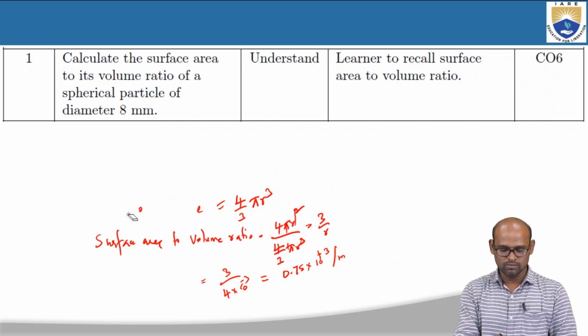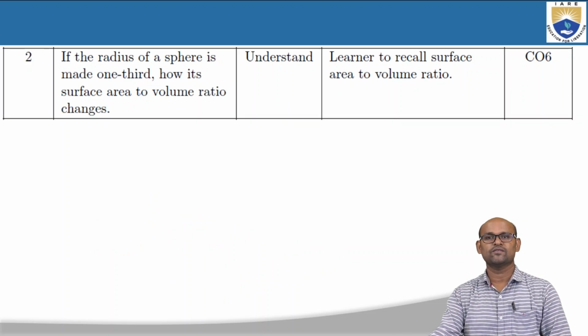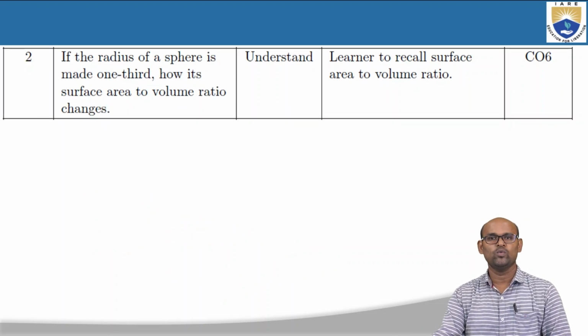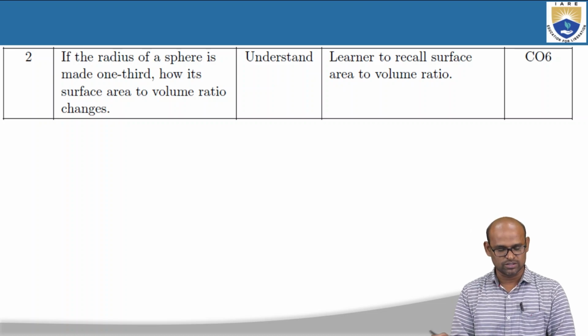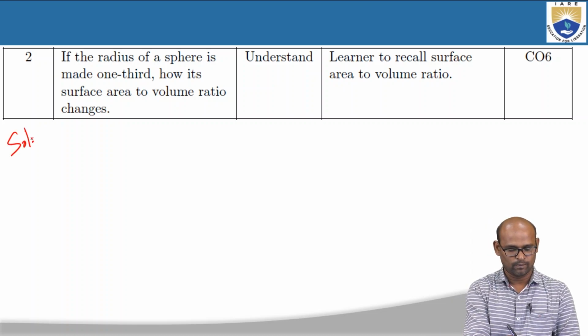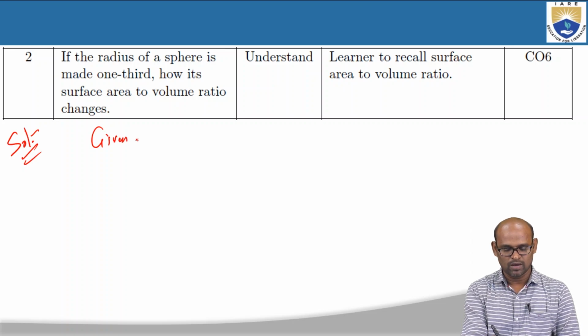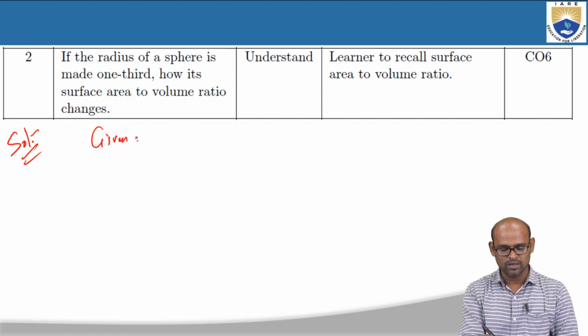The next problem is: if the radius of a sphere is made 1/3, how does its surface area to volume ratio change? They have given that the radius of a sphere is made 1/3, so the radius becomes r by 3.